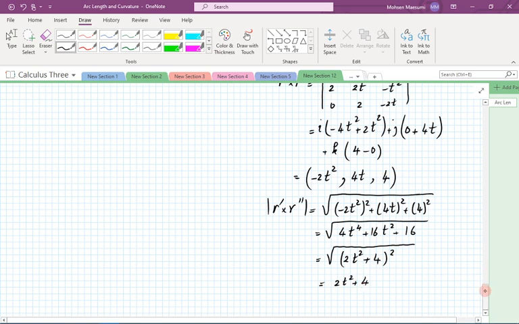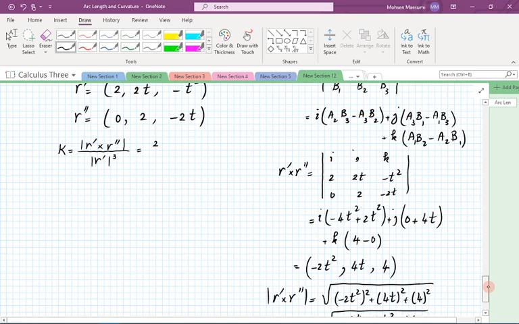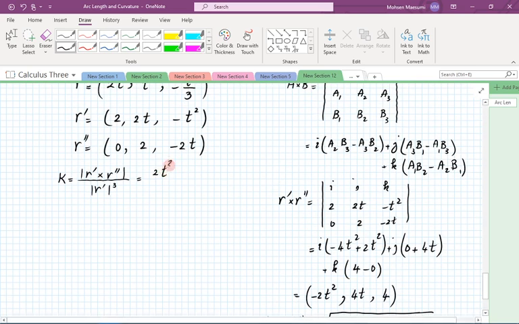So for my numerator, I have 2 times, well, that's 2t squared plus 4. That's the numerator. That's not all there is to it. I have to take R prime and take the absolute value of that.